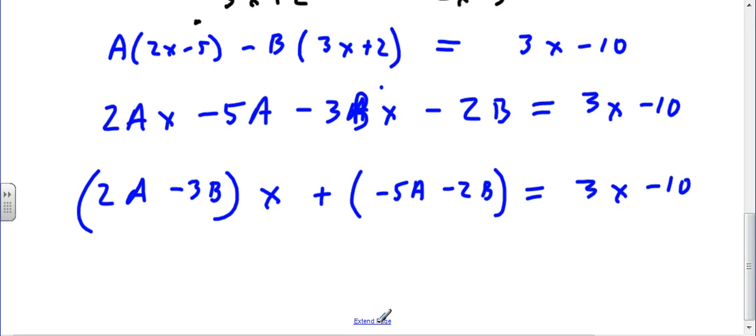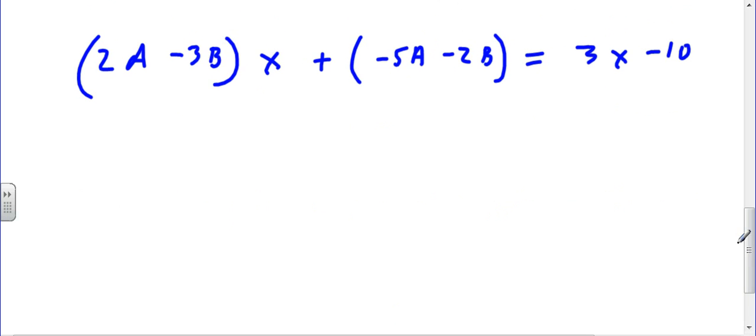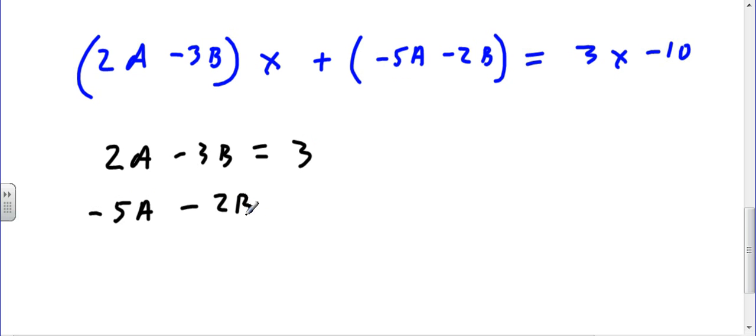All right. So I look at that for a little while and I say, well, 3x has to be over here because there's no x over there. So that means 2a minus 3b has to be 3. And it means that 5a minus 2b has to be minus 10.